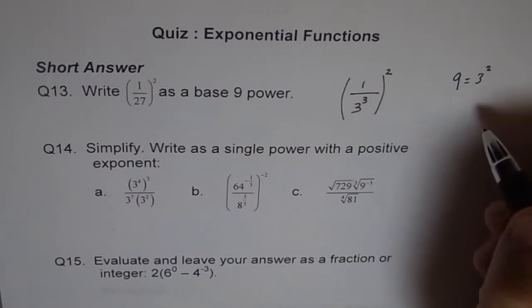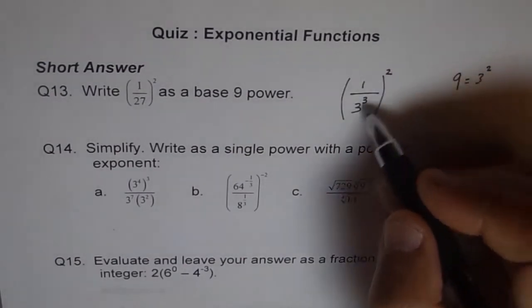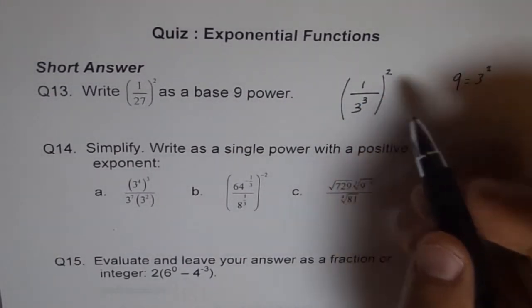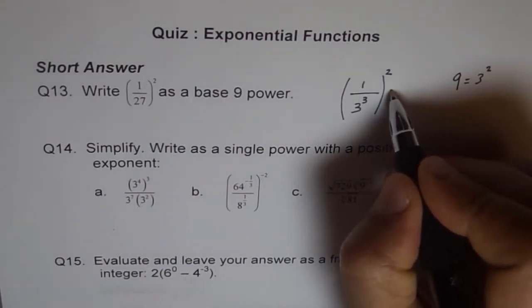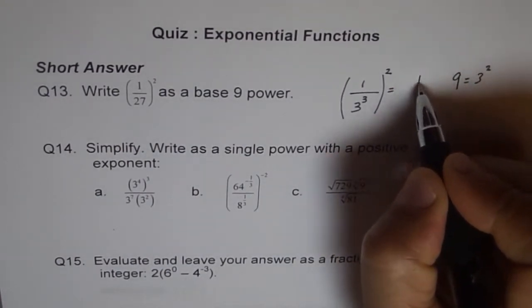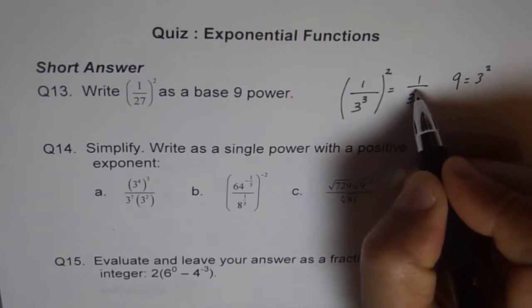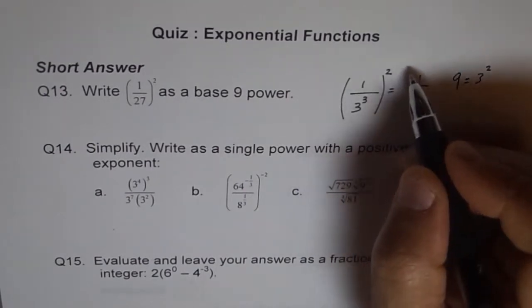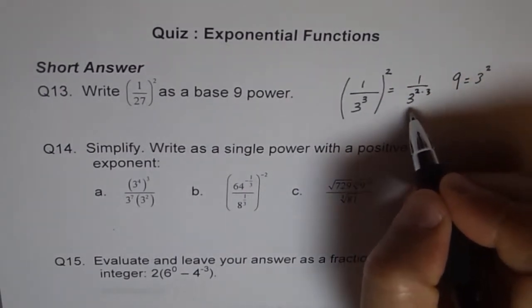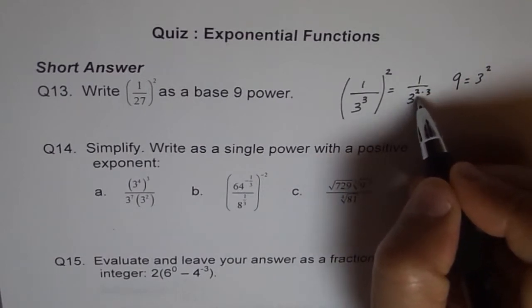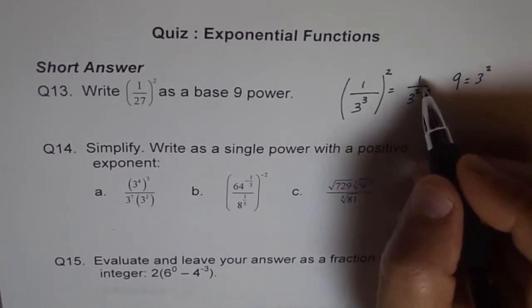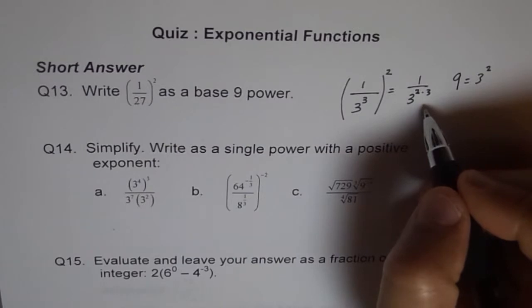Correct? 9 is 3 square. So this is slightly easier. We could do it like 1 over 3 square times 3, and this 3 square is 9, correct? And therefore we can write this as 1 over 9 cube, right?